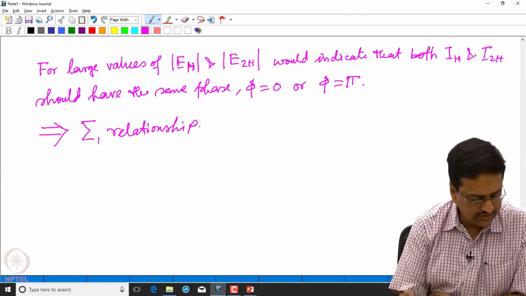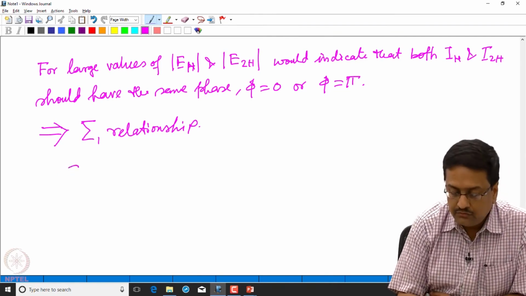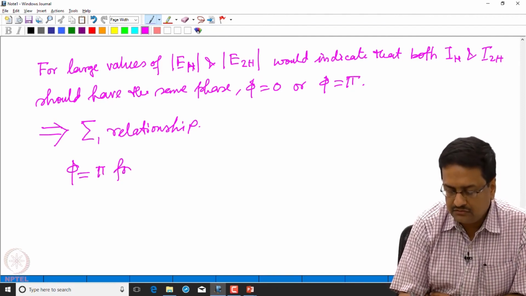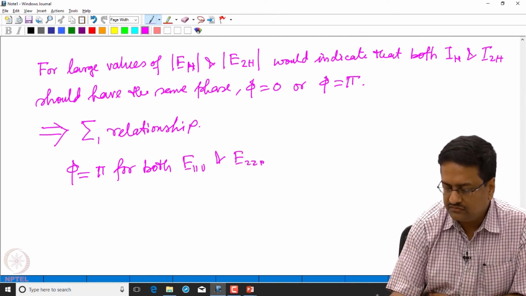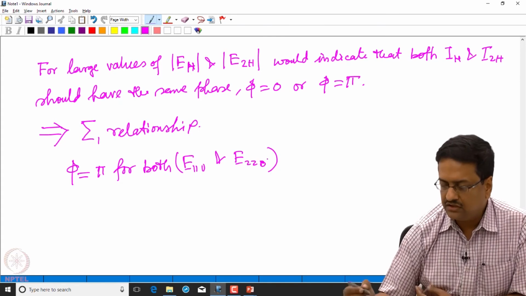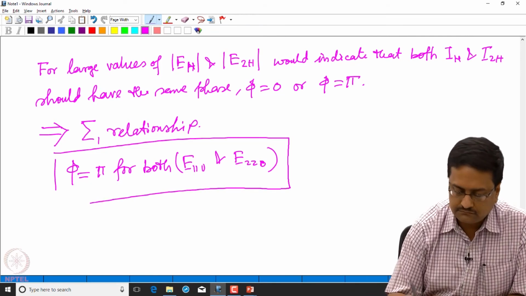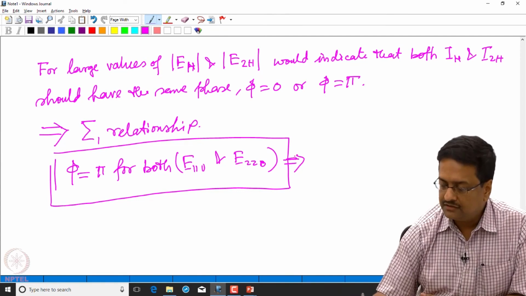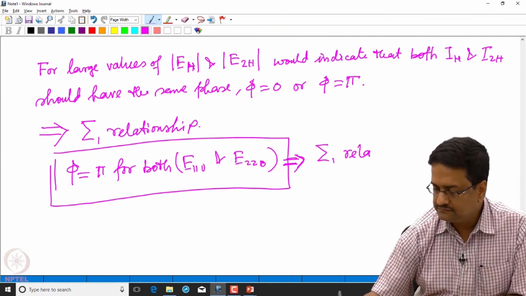So I would like you to practice or to do this exercise for phi equal to pi for both E110 and E220 set of reflections or E220 structure factors, and draw the scenarios that I have drawn and make sure that the sigma 1 relation is still valid.